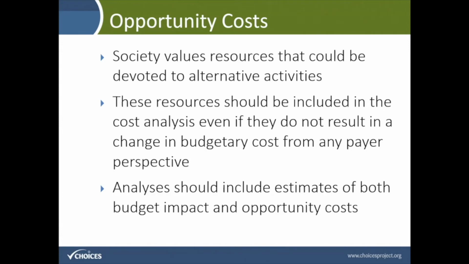When you use a resource for some purpose, such as some kind of obesity prevention intervention, that resource is therefore not available to be used for something else, and you're foregoing whatever gain could have been accomplished by using that resource in its alternative use. That amount of benefit that you could have achieved in its alternative use is basically the cost of using the resource in the way that you did use it.